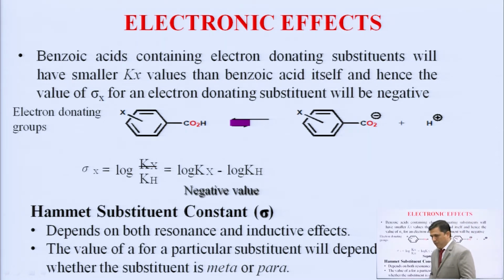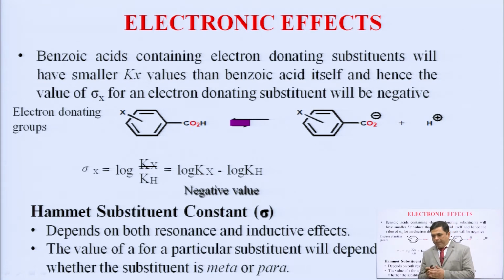So, benzoic acid containing electron donating substituents will have a smaller Kx value than the benzoic acid itself, and hence the value of sigma x for the electron donating substituents will be negative.